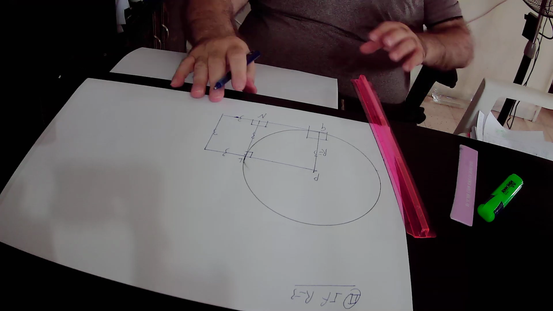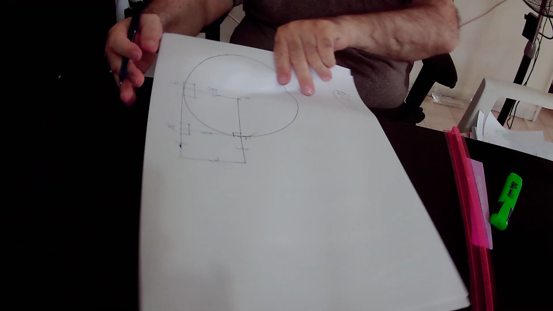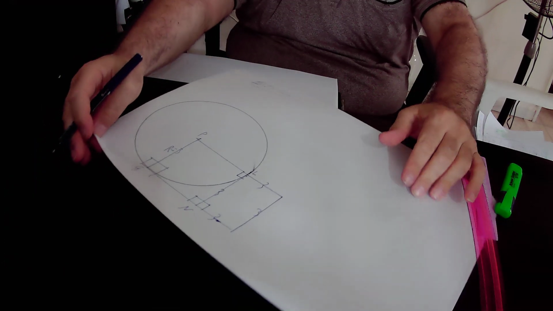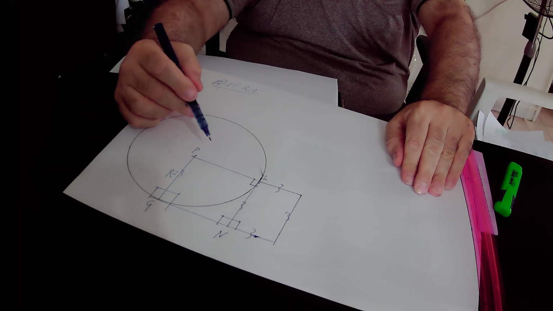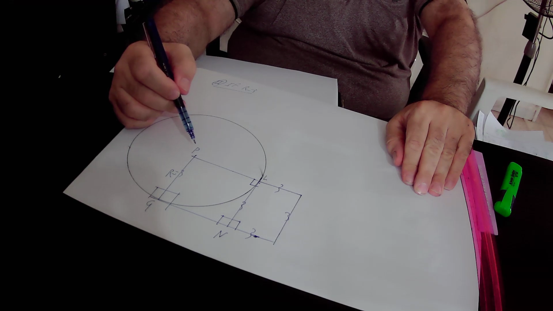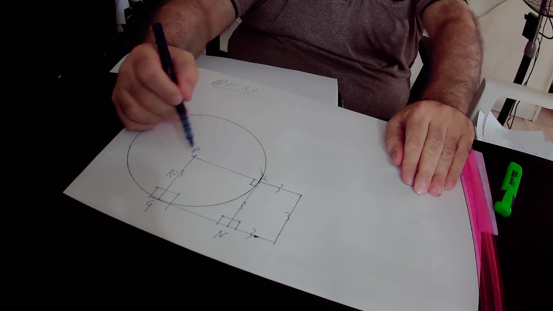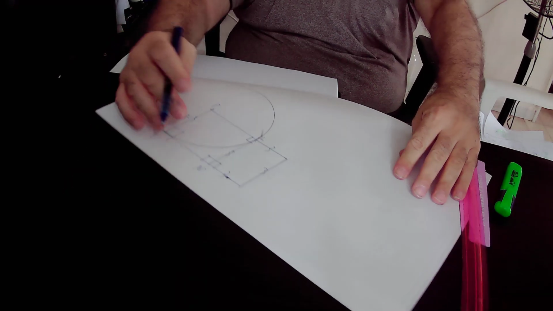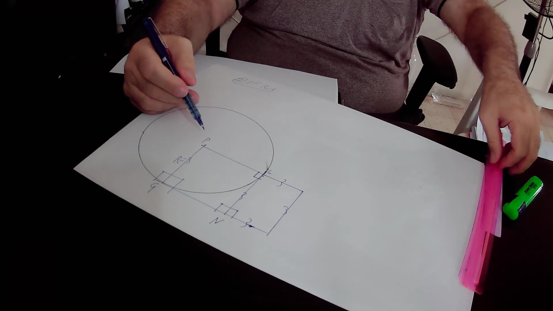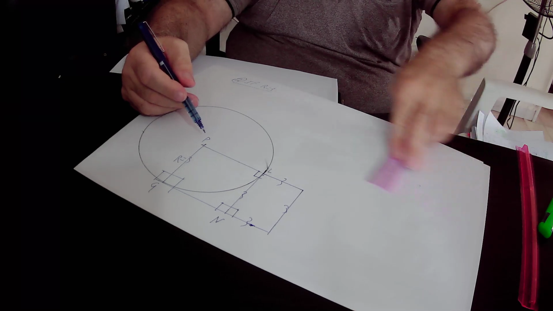So actually, inside quadrilateral PLQN, we have 1, 2, 3 right angles. Therefore, the fourth angle must also be equal to 90 degrees.